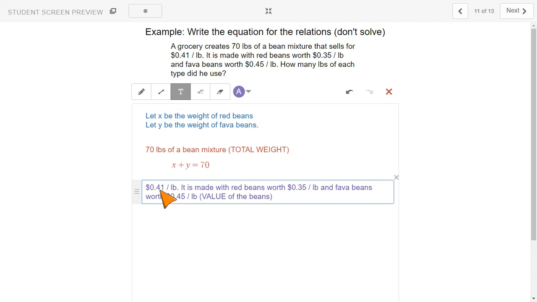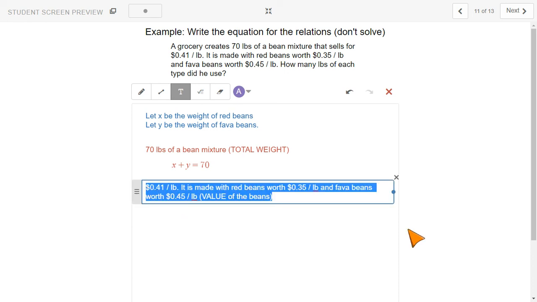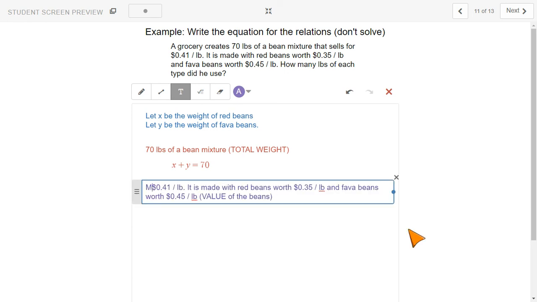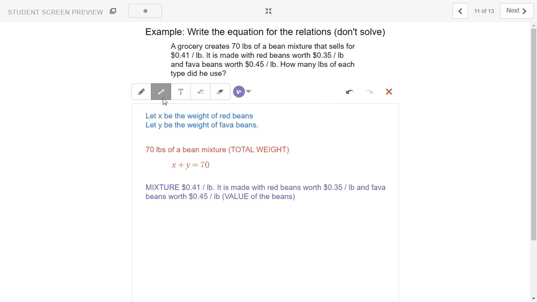So we know that the first amount is 35 cents. We know that the fava beans are 45 cents, and the mixture is 41 cents. Now we know that the whole mixture is 70 pounds. So we can take that and make it into a value.